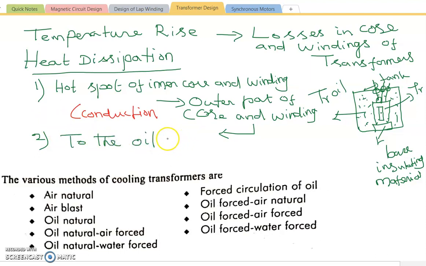Okay, so here the heat is transferred from the outer part of the core and winding to the transformer oil by convection. So here the heat is dissipated by convection.